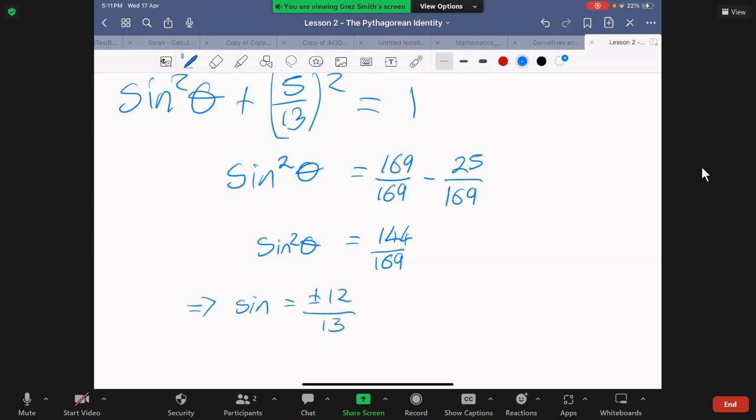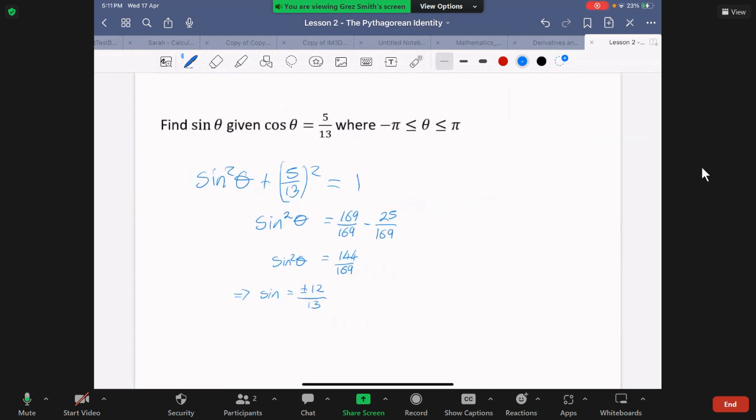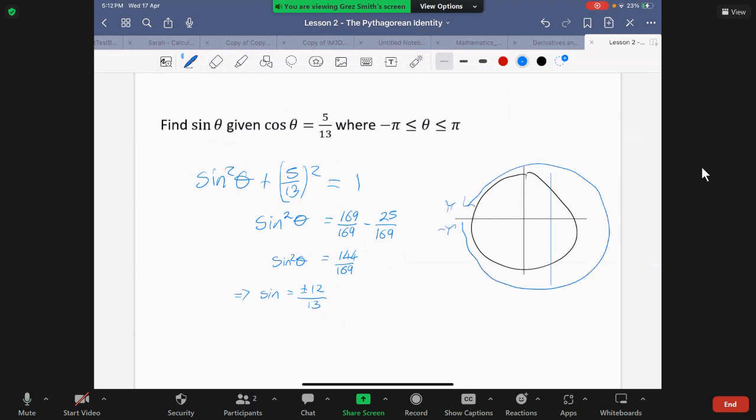Now, got to do some unit circle. So we've got a cosine value of 5 over 13. That's this one. And our interval is minus pi to pi. So our interval is going from here around to here. This is pi. This is minus pi.